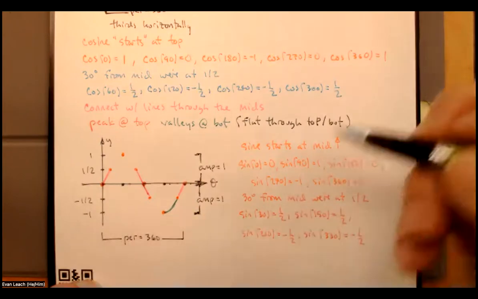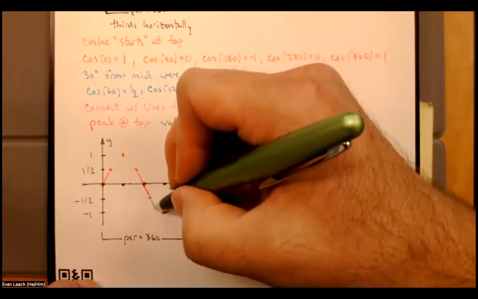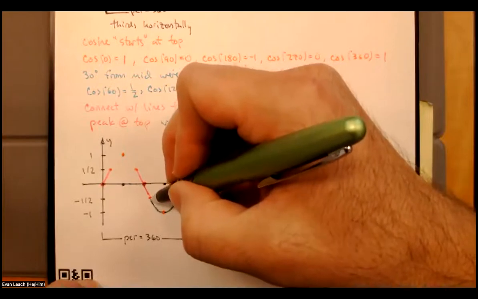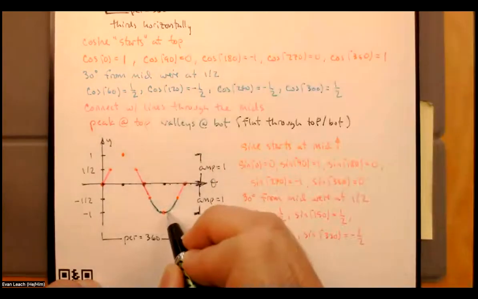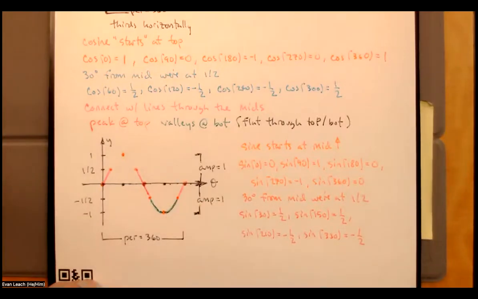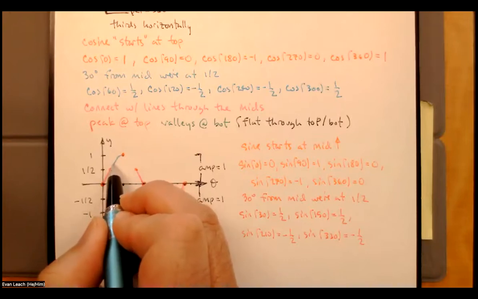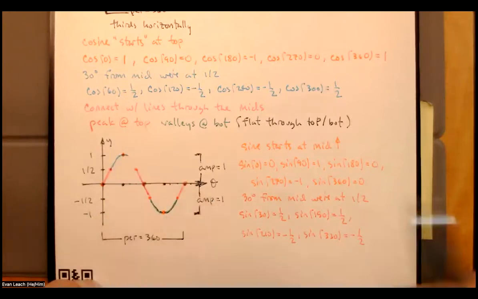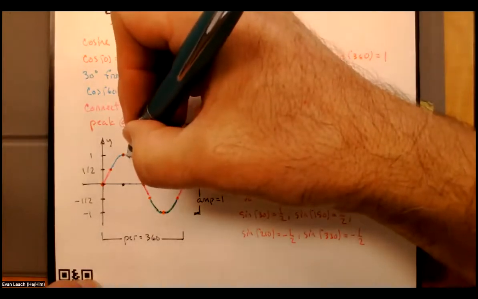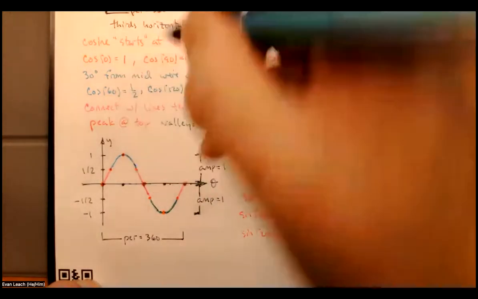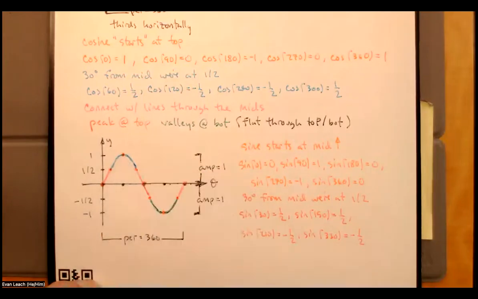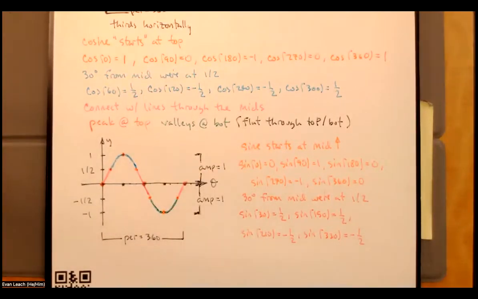Head flat, but bend up to meet the line. Our little peak at the top, we start off going flat, but then we bend to meet the line. Leave the top flat and then bend to meet the line. So we still connect with lines through the midst, put peaks at the top and valleys at the bottom.